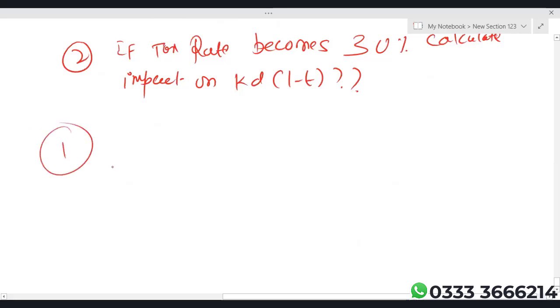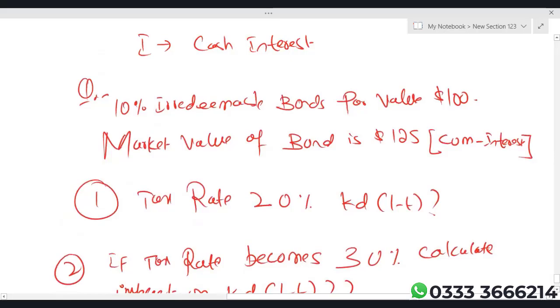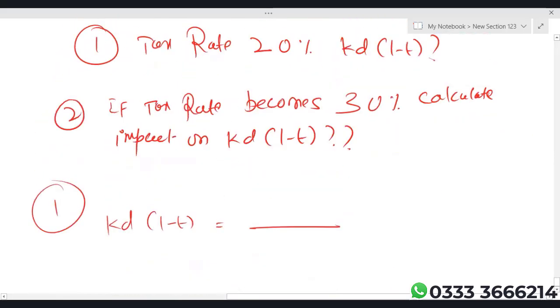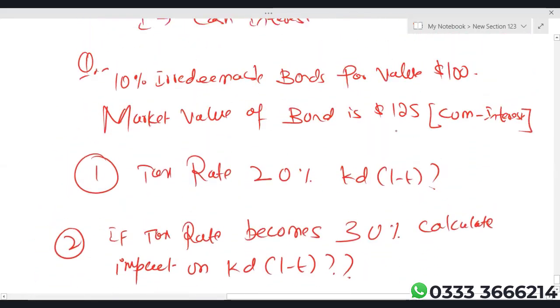Number 1. Interest is 10. Tax rate is 1 minus T. And it is cum interest, so I'll deduct the interest.